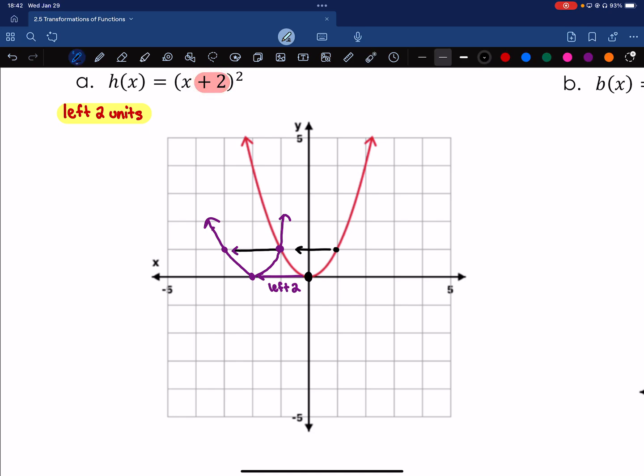And so if I were making a table, the points that I would actually pick, I would start with -2, and I would pick one number on either side of -2 because it went to the left 2 units. So -3 and -1. Those would be the values that I would plug into that, and that's how you're going to get those y values. So whatever the opposite of this is, that's where I would start with my x value. And so you can plug them in.